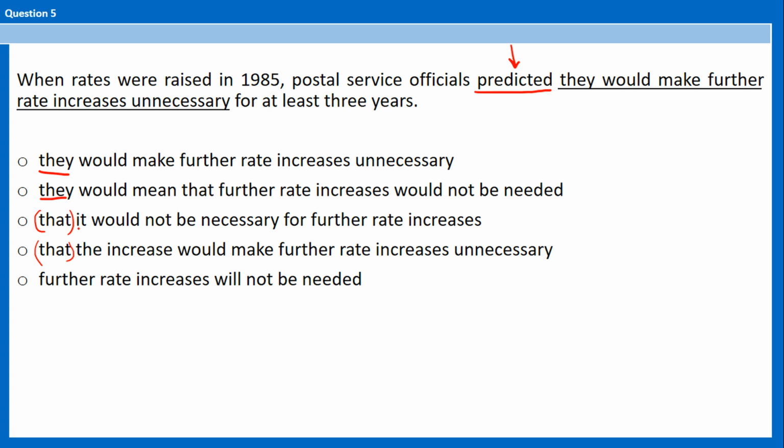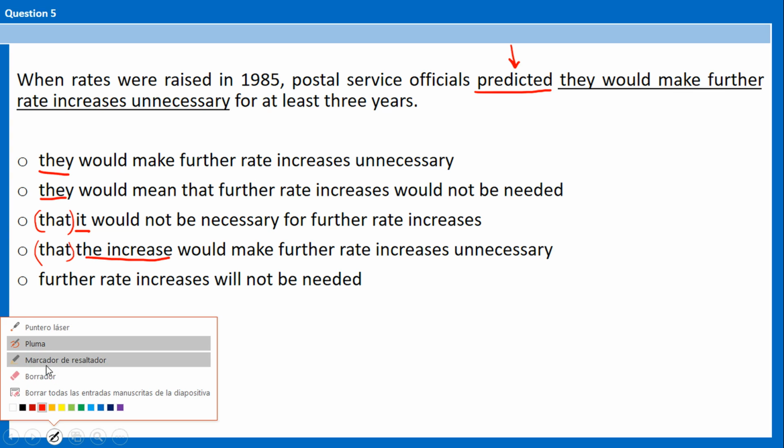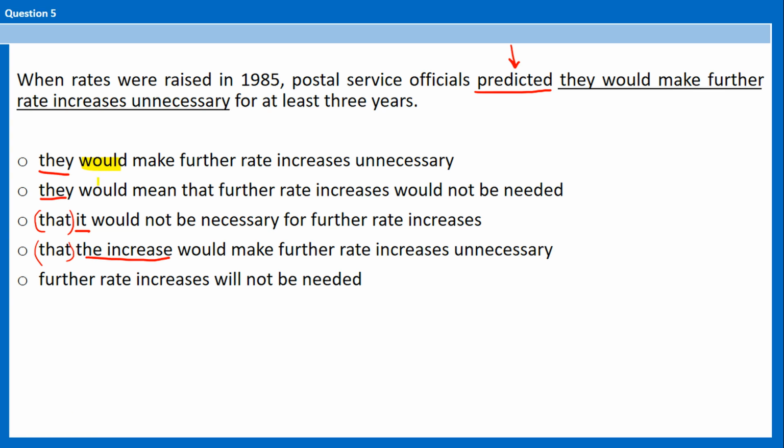They, it, the increase. Another issue is, we saw this in the reporting verbs, would versus will. And remember, if you have a reporting sentence, I cannot use will because will is future. I'm talking about the past, I need would.